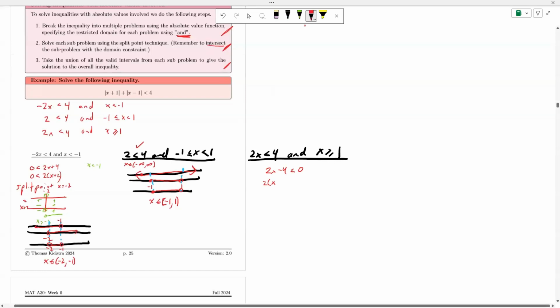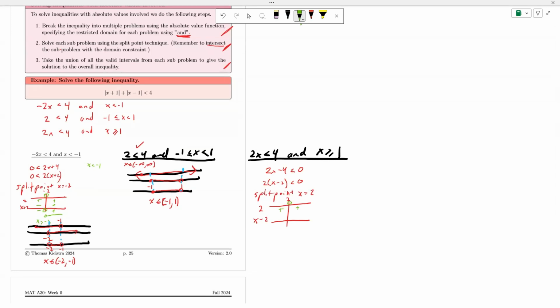Our split point is x equaling 2. Drawing our sign chart, we have negative, 0, positive. And I want to know when I'm less than. My inequality is less than, so it's not going to include 0 and be everything below, which gives me the interval x being less than 2.